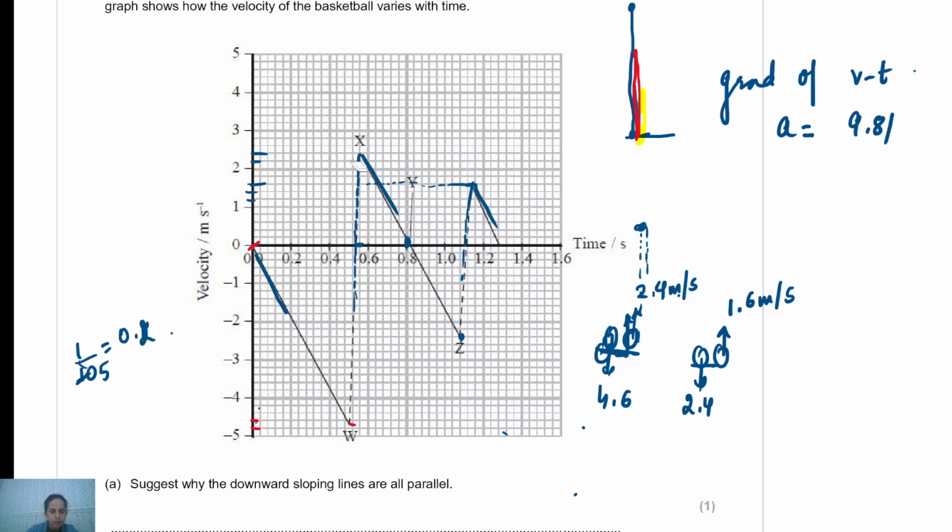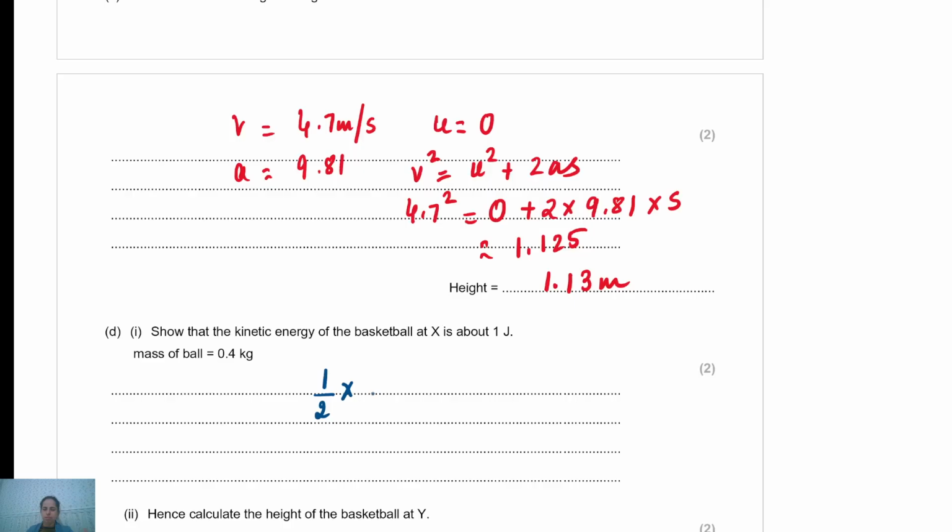Even if you had not done the energies yet, we know the formula from our earlier classes. Half m v squared, half times 0.4 times 2.4 squared, which, if I plug in the values, I'm getting 1.15 joules, which is near to 1 joule. Perfect.